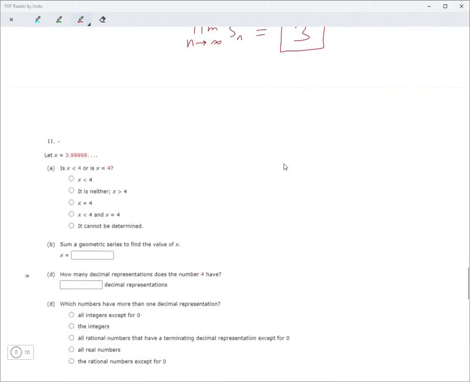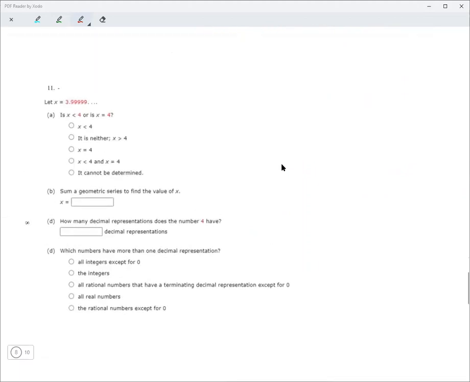Okay, and then we just have one more problem, number 11. I think, let me run through this really quickly. If you have 3.99 and these 9s repeat forever and ever and ever, then that's actually gonna be equal to 4. And I'll show you in a second, but that's gonna be 4.